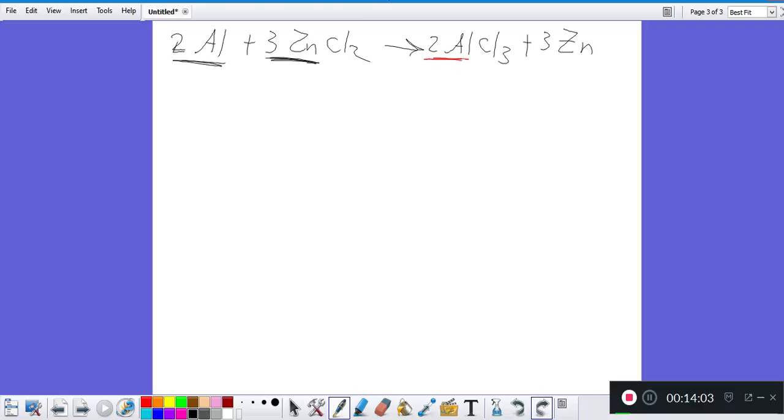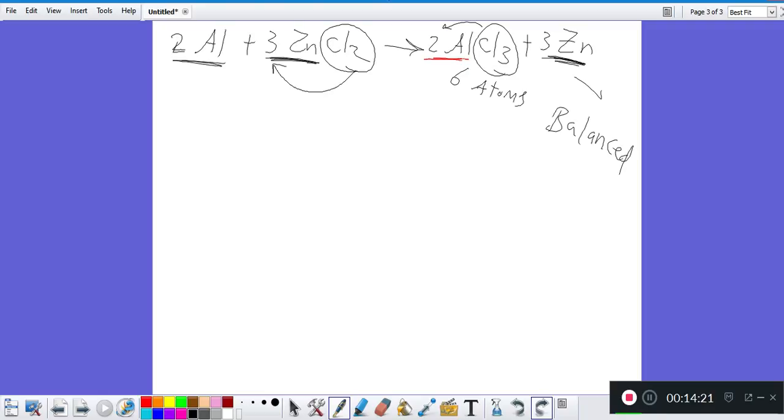Yes, we can say the number of the atoms in the reactant equals the number of the atoms in the resultant. So in that case the equation could be described as a balanced equation.